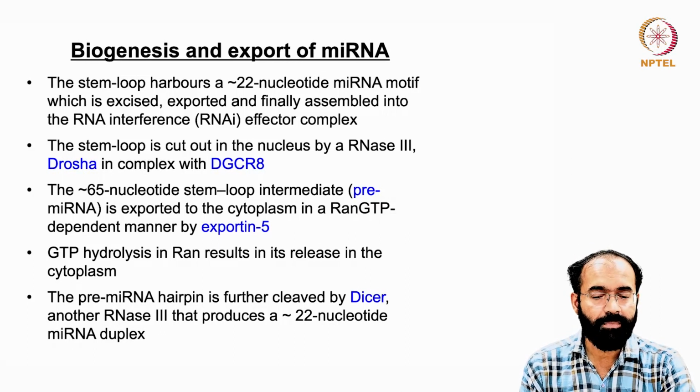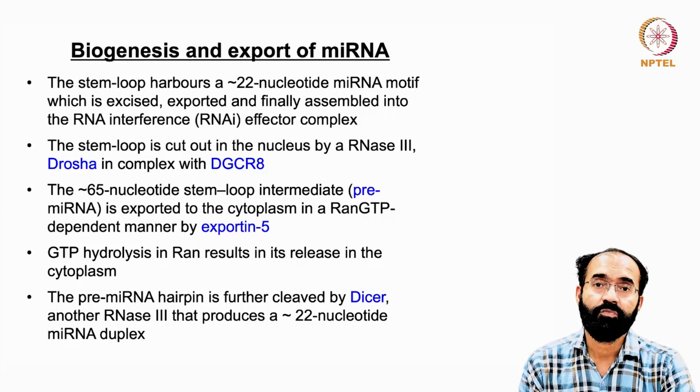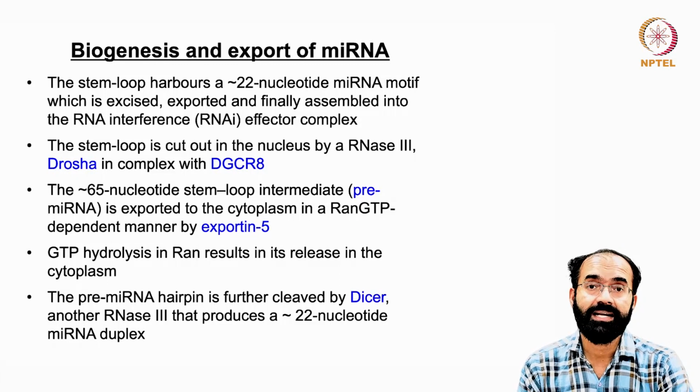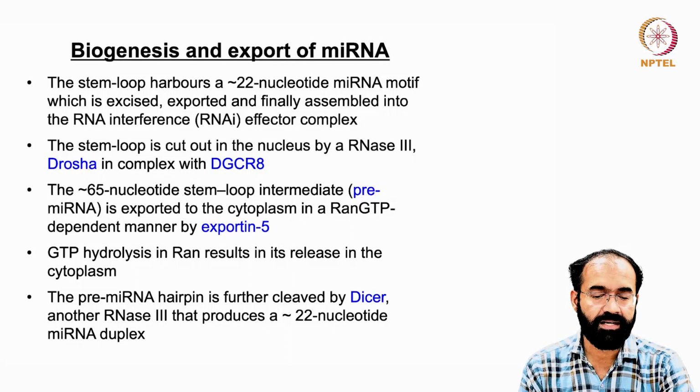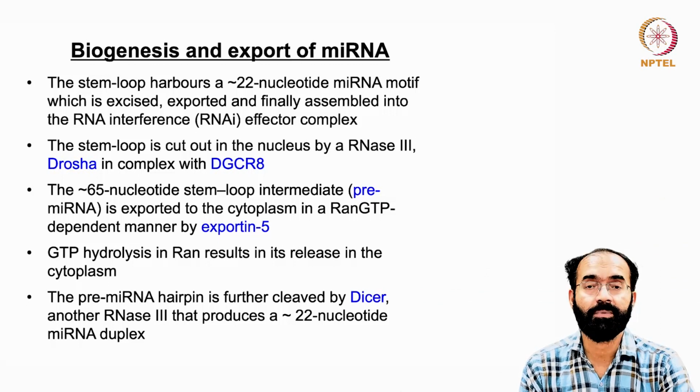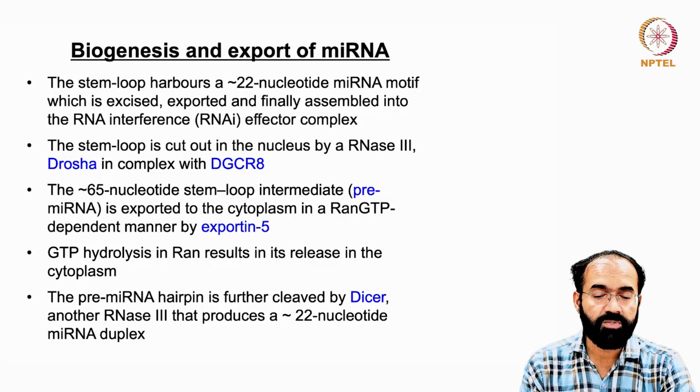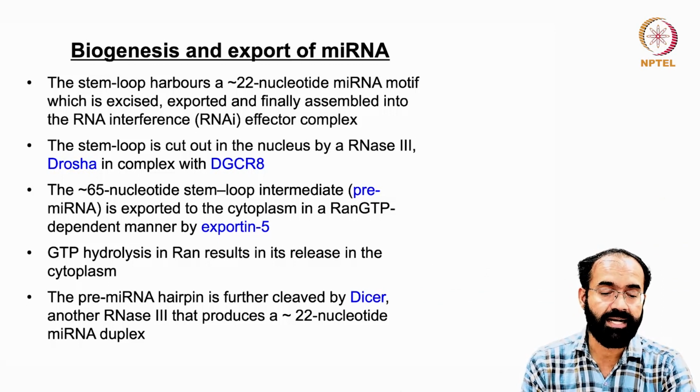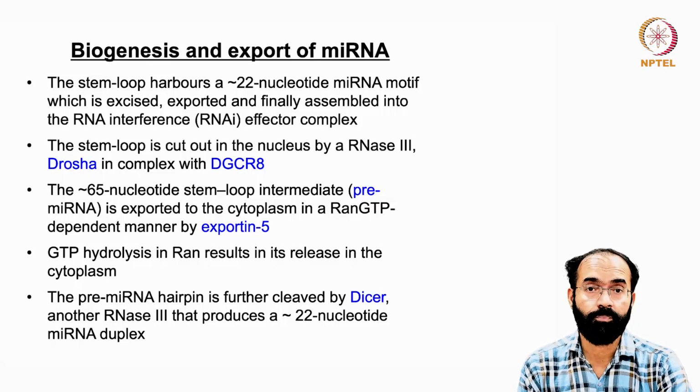The pre-microRNA hairpin is further cleaved by Dicer. This action happens in the cytoplasm. Another nuclease called Dicer comes into the picture, which is also an RNase 3 family protein, and it produces a 22 nucleotide microRNA duplex.